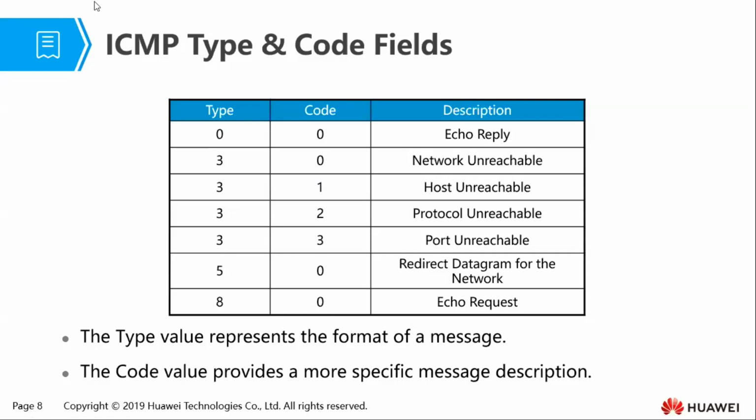Okay, so for protocol unreachable, I'm saying that sometimes in our router, remember the router is the boundary between the public network and our internal private network. So in our router, we can block certain protocols for network security purposes.